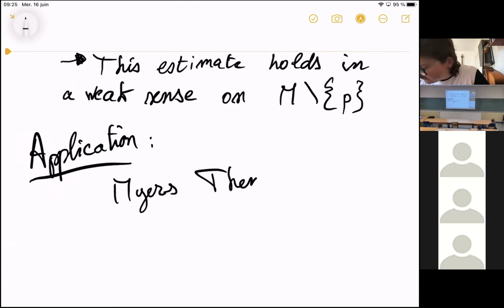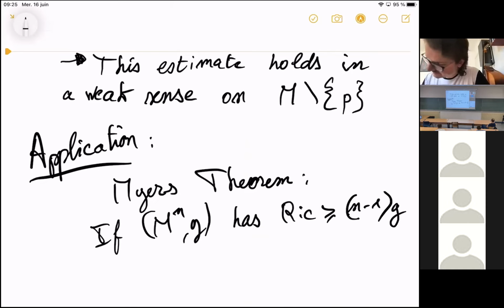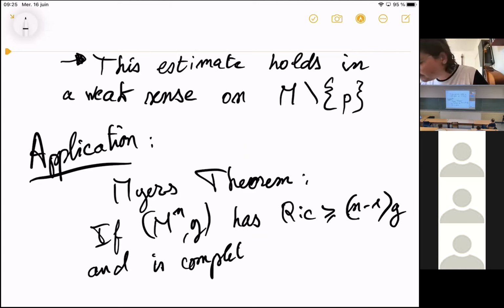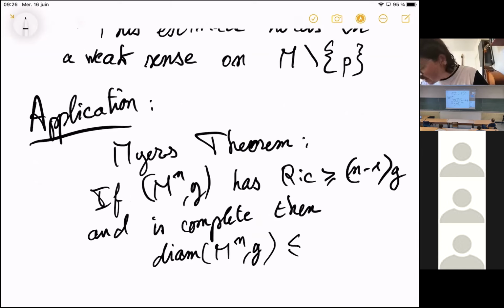So, Myers' theorem. If (M, g) has more Ricci curvature than the sphere, and is complete, then the diameter of (M, g) is less than the diameter of the sphere, which is pi.